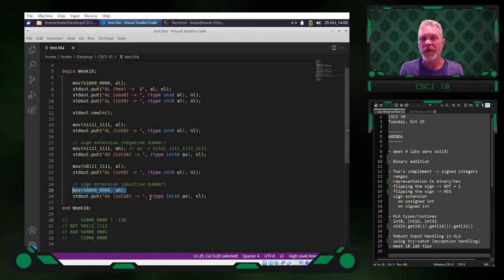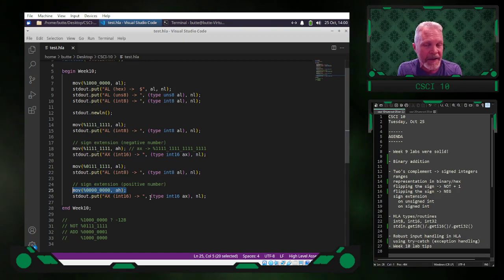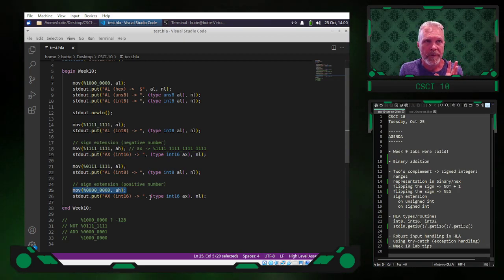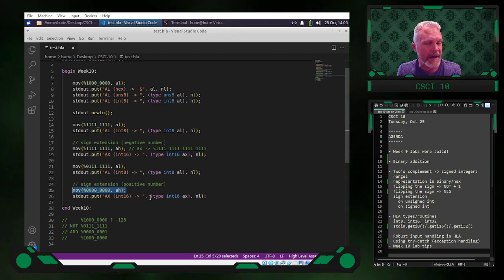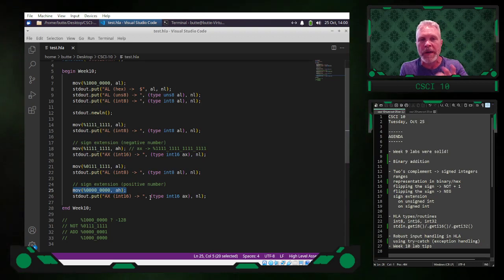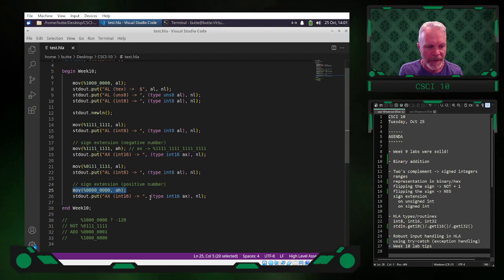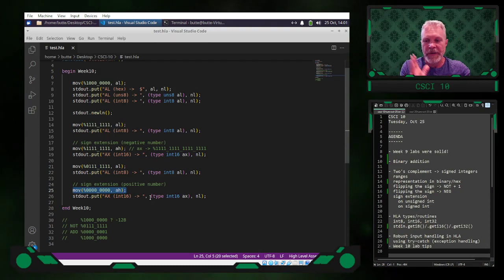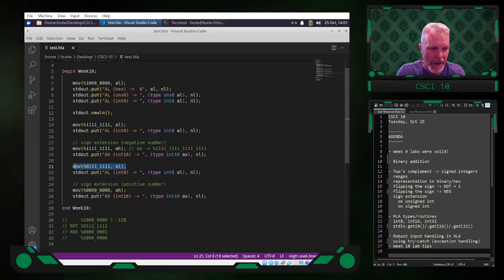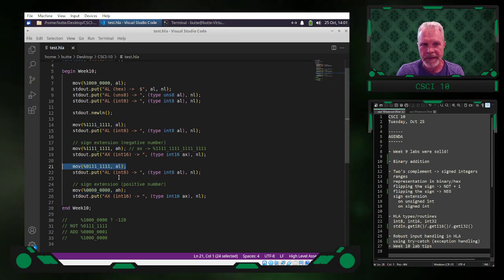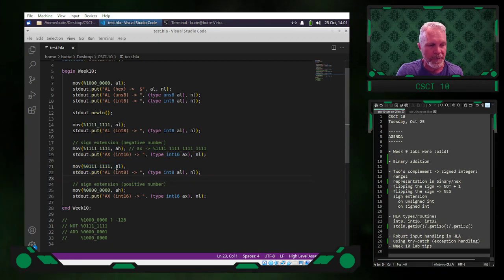But when we move 0 to AH for 8-bit division, or we move 0 to DX for 16-bit division, or we move 0 to EDX for 32-bit division, what we're actually doing is sign extending a positive number, an unsigned number, to give it double its size. We will not do sign extension manually with signed numbers. There are ways to do that so you don't have to work it out for yourself.